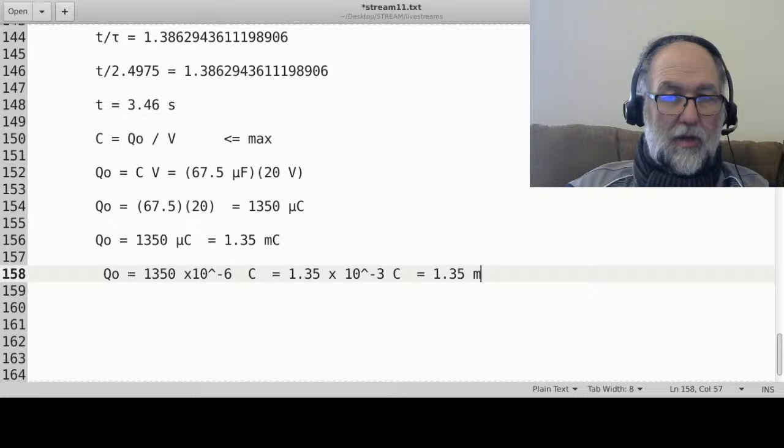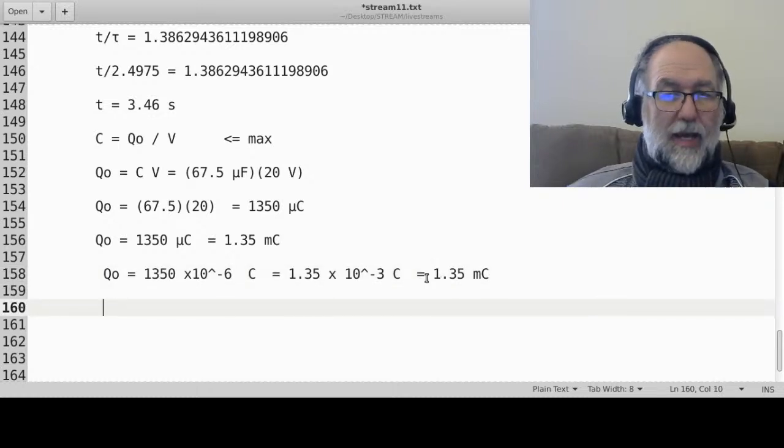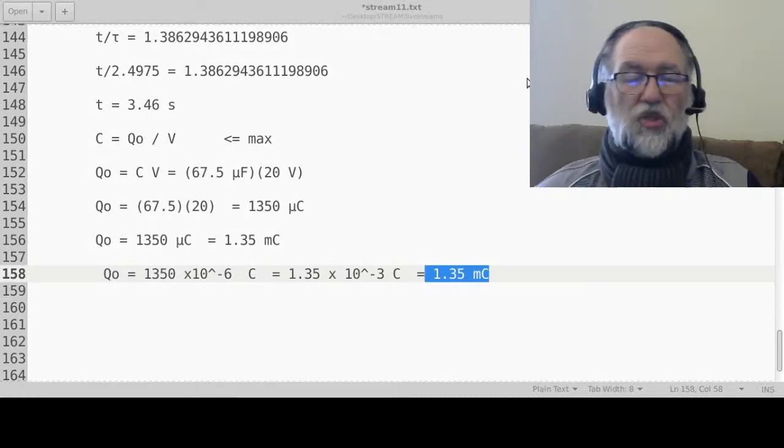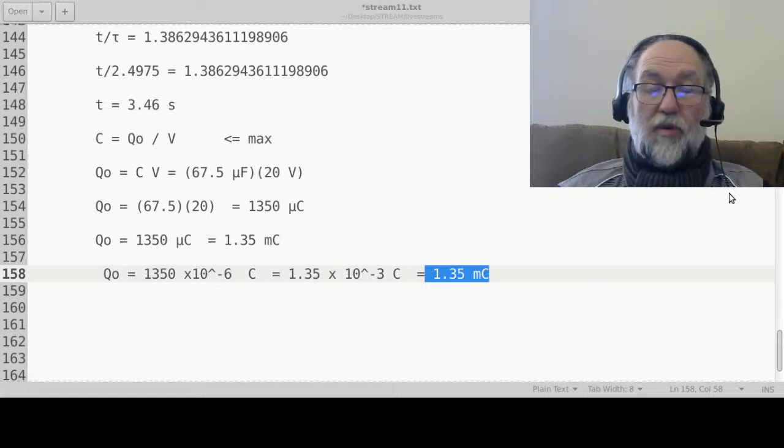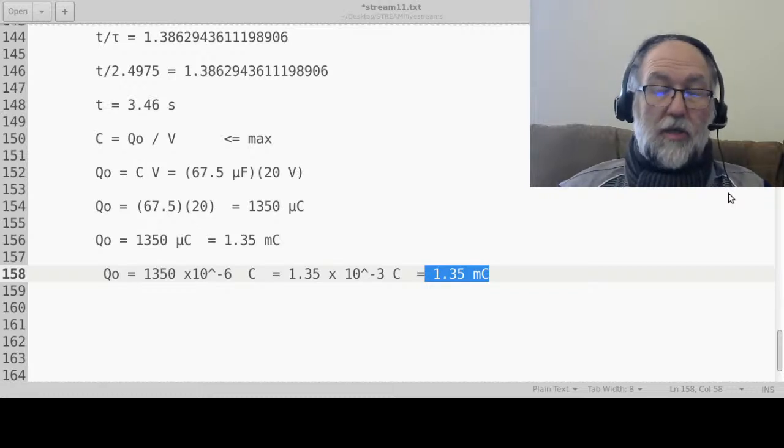So it's 1.35 millicoulombs. That's what I do on a test. I always use the most economic metric prefix, because that's what's done in the real world. And so the answer is 1.35 millicoulombs. It wouldn't reach that right away. It's going to take some time, but eventually it'll get up to that charge on the capacitor and no more.